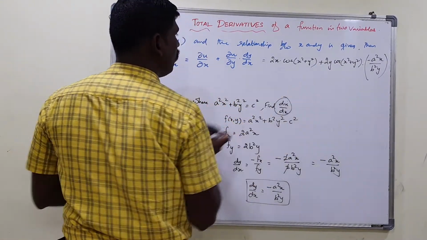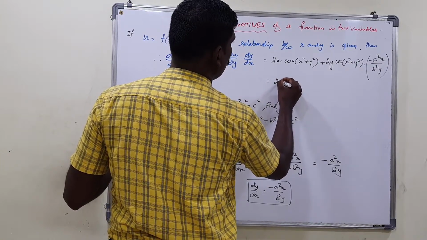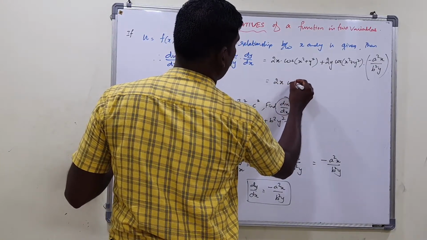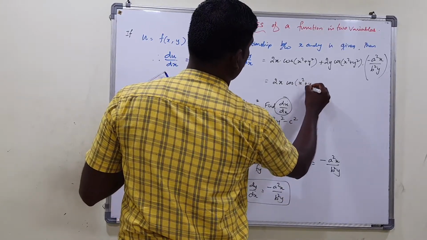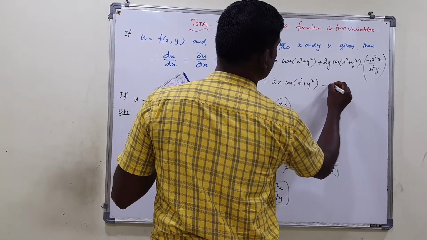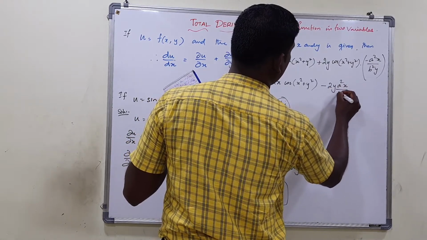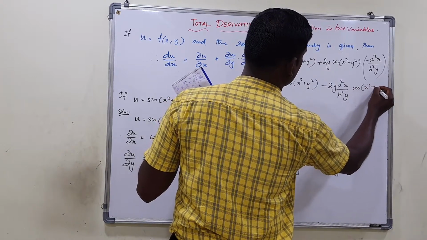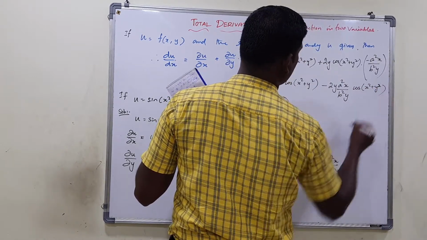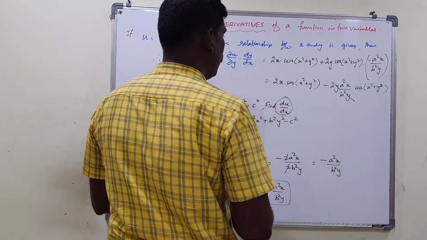So simplify this. What do you get? 2x cos of x square plus y square minus 2y a square x by b square y into cos of x square plus y square. We can cancel this y with y.